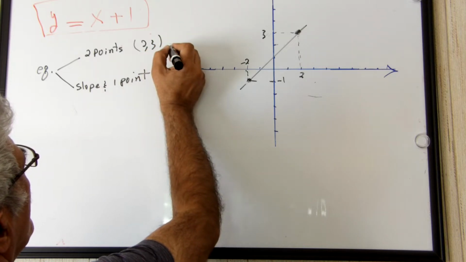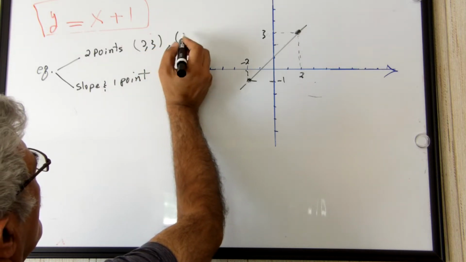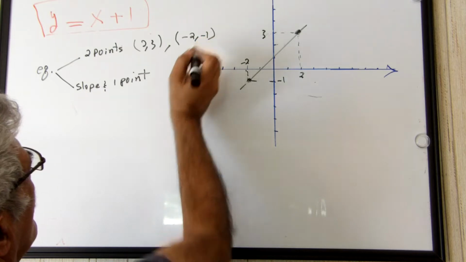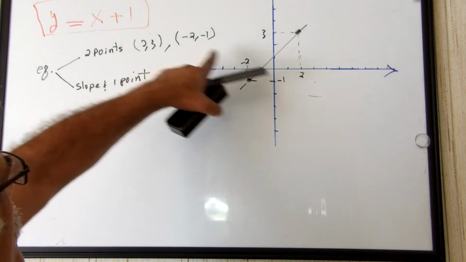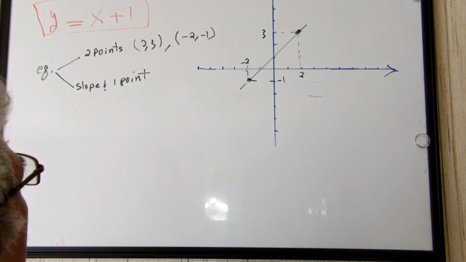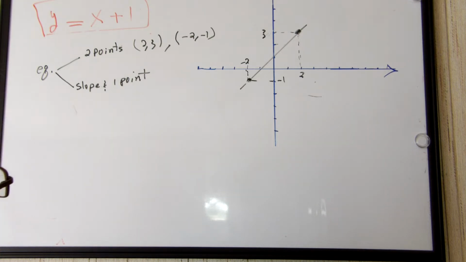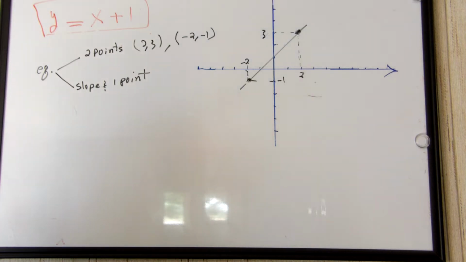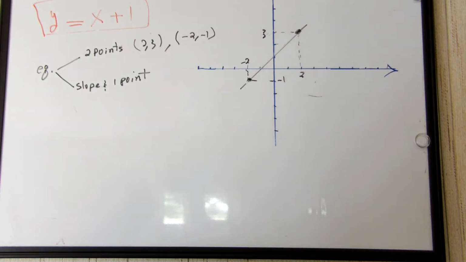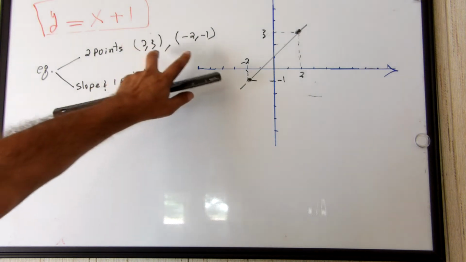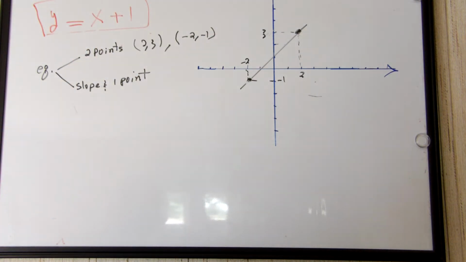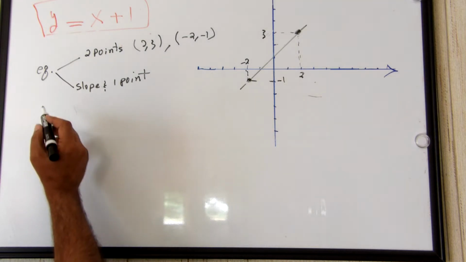The second point is (minus 2, minus 1). From this, you write the equation. We talked about those earlier: from two points, how to draw the function and find the equation.